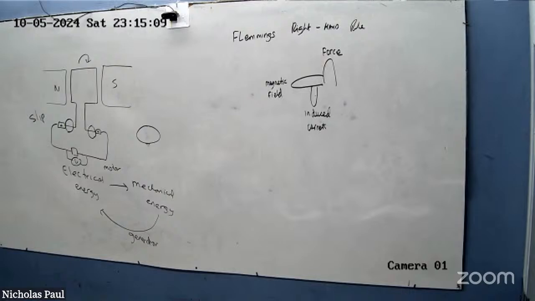Fleming's right-hand rule is used to determine the direction of the induced current when a conductor is moved through a magnetic field.